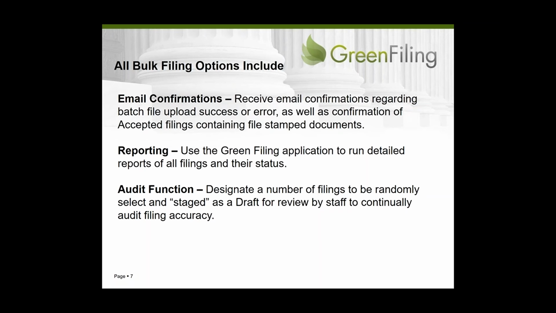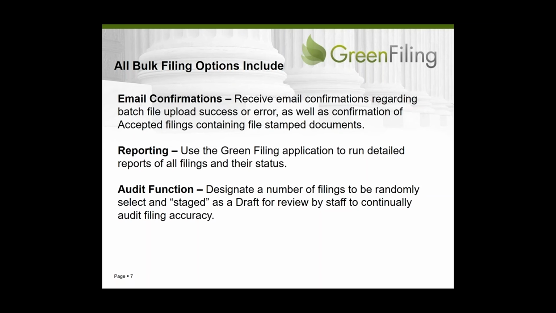There's extensive reporting features you can utilize within the green filing application. So after you do your bulk uploads, you can always go into green filing and generate reports based on batch number, based on case types, things like that. And then we kind of demonstrated, but you also have that audit function where you can stage filings.